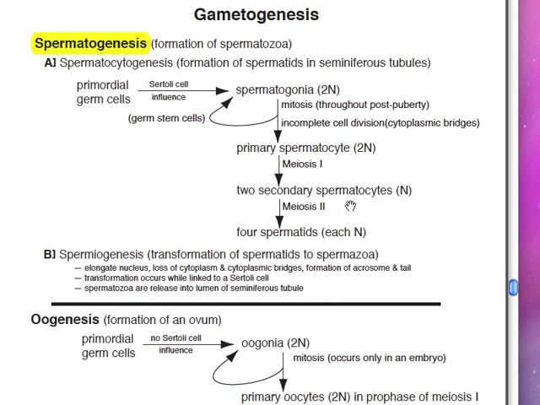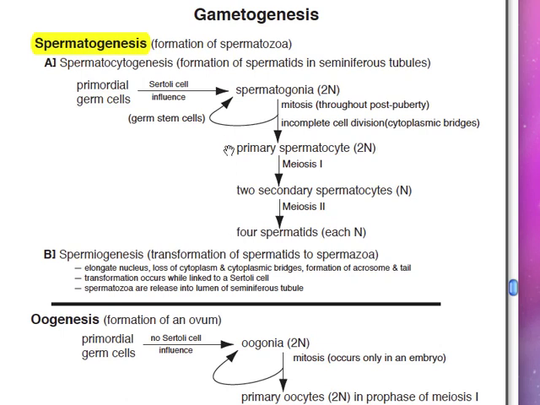Those secondary spermatocytes give rise via meiosis 2 to spermatids, and so one primary spermatocyte gives rise to 2 secondary spermatocytes, and they give rise to 2 spermatids each, so a total of 4 spermatids are produced by 1 primary spermatocyte.